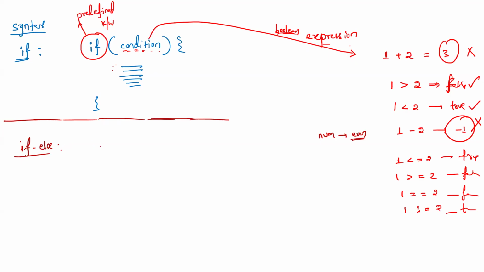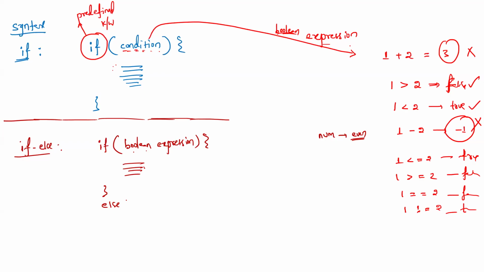So first, if, again, parenthesis mandatory, inside this Boolean expression, like previously I wrote condition, here I am writing Boolean expression, no confusions. Then the if body with some logic. If this is true, execute this. Then what's the alternative? If this is false, then go for else. Else will never have a condition to write.